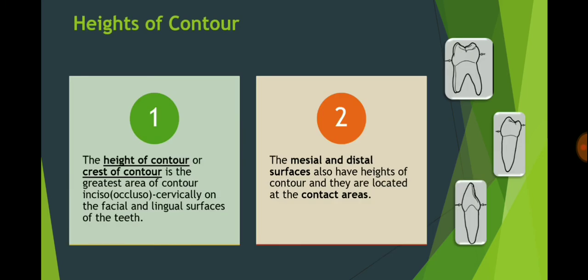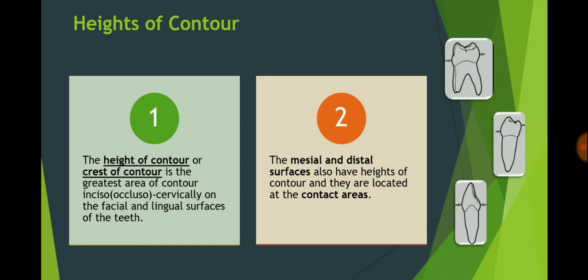All right, height of contours. A lot of high-yield stuff here. The things that you're really supposed to know. Height of contours, make sure you know them really well. The height of contour, or the crest of contour, is the greatest area of contour incisal or occlusal cervically on the facial and lingual surfaces of teeth.